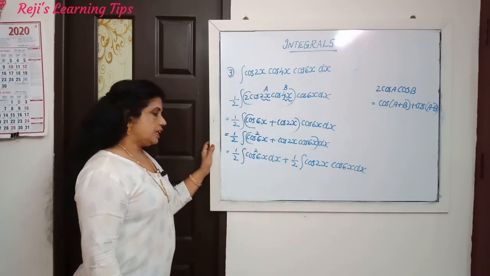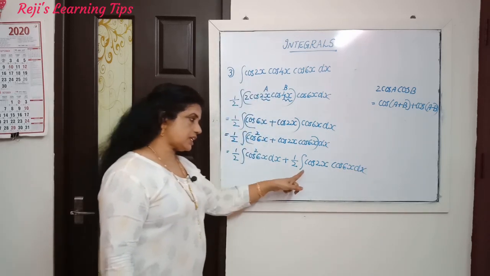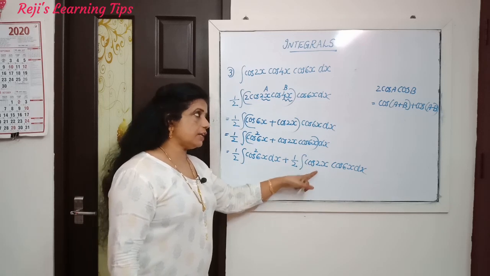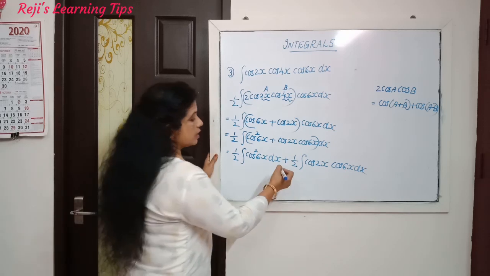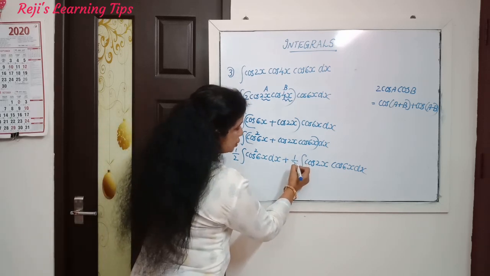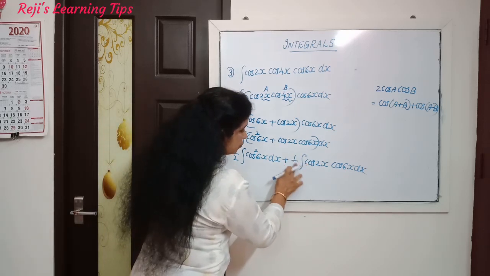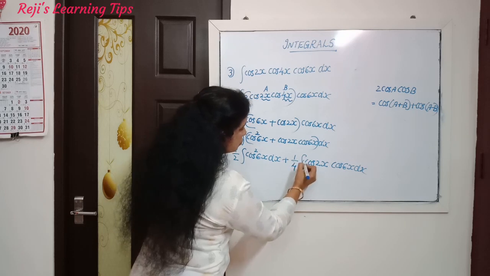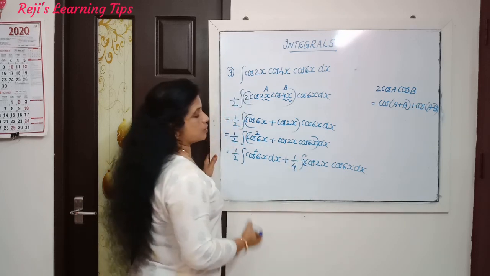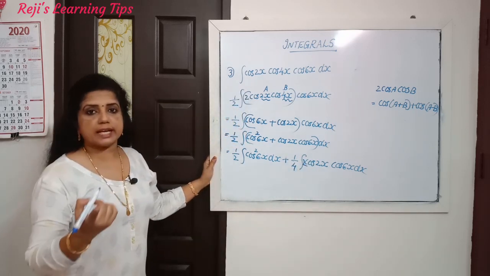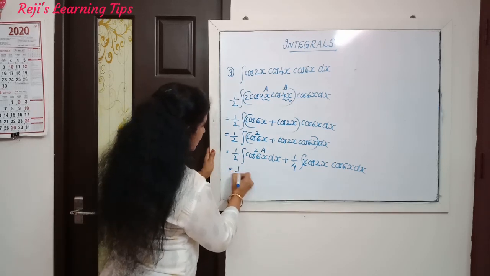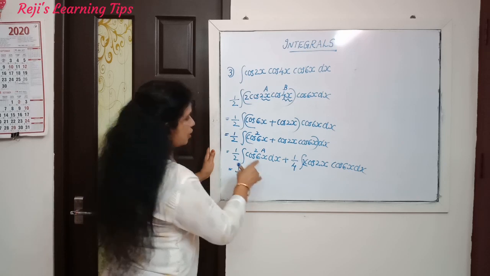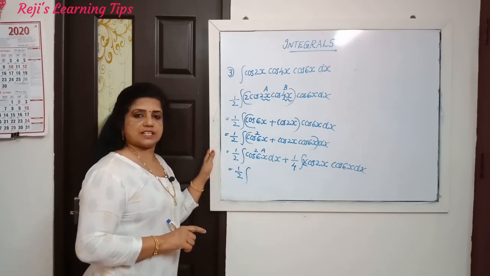Understood? Then in this case again we use that identity. So we should write 1 by 2 into 2, that is 1 by 4, so 1 by 4 into 2 cos 2x cos 6x dx. Am I correct? Okay, and the first term is 1 by 2 into the integral of cos square 6x dx.